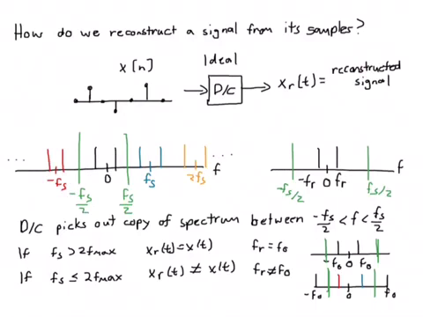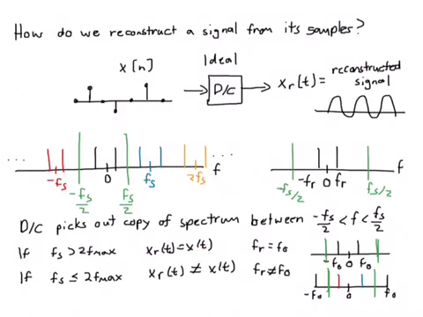Now, if we've sampled fast enough, so if fs is greater than twice f max, which in this case, a single sine wave, means fs greater than 2f0, then xr of t is going to be equal to x of t.